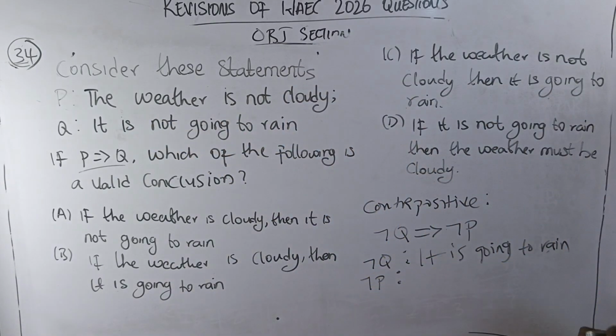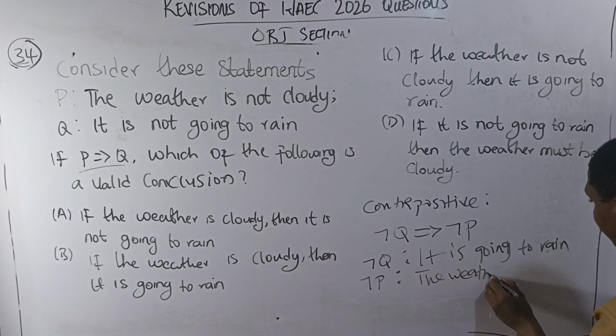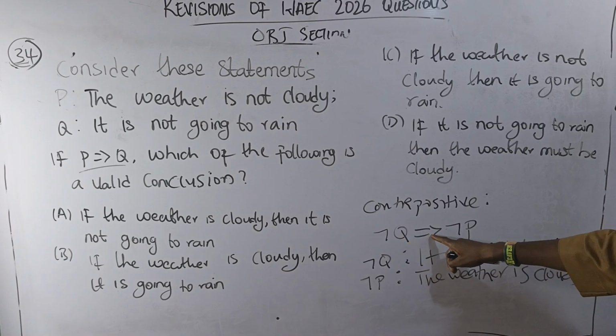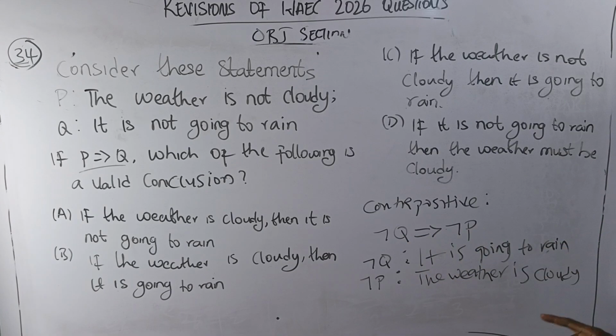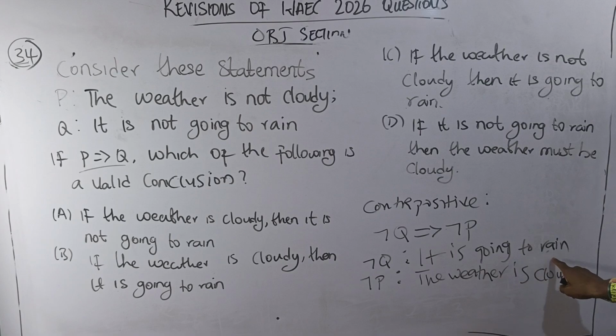So negation P becomes the weather is cloudy. Now negation Q implies negation P will be read as, if it is going to rain, then the weather is cloudy.